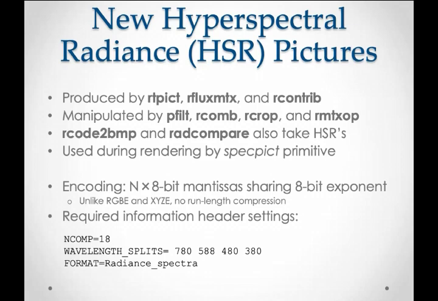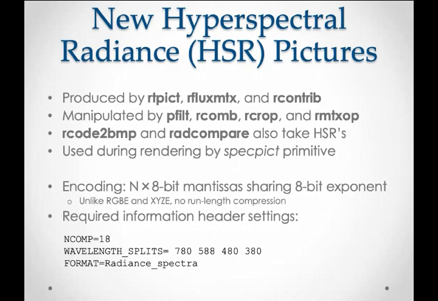The way this format works is the same idea behind RGBE and XYZE, but it just has more mantissas. There is no run length compression. The header file also specifies the number of components and the wavelength splits. So the endpoints of how those wavelengths get split are put into this header.